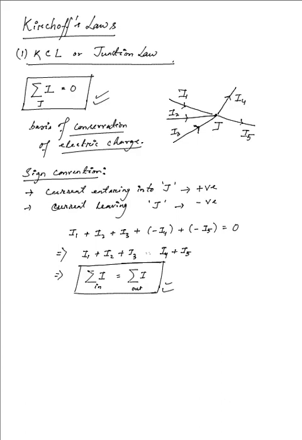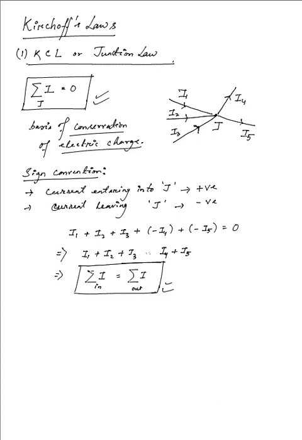So this was Kirchhoff's current law or the junction law. This is a part of a circuit, because the circuit may carry a junction, and in that junction you may have the current entering and leaving. We will have more clarity about the current and junction law as we proceed towards Kirchhoff's voltage law, but that is in the next video.